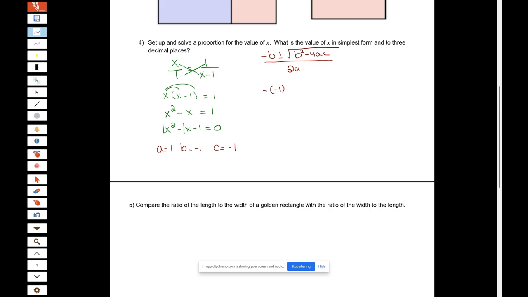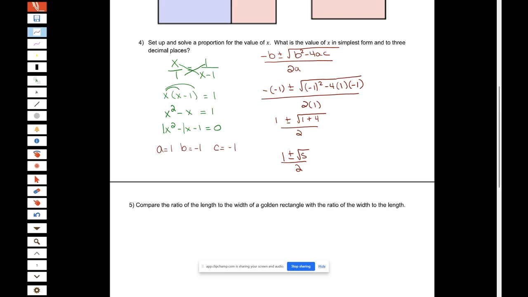Negative b, which is negative 1, plus or minus the square root of b squared minus 4 times a times c, over 2 times a. So 1 plus or minus the square root of negative 1 squared, which is 1. Negative 4 times 1 times negative 1 is positive 4. So it's 1 plus or minus square root of 5 over 2. Okay.